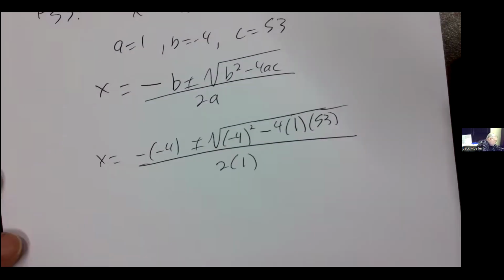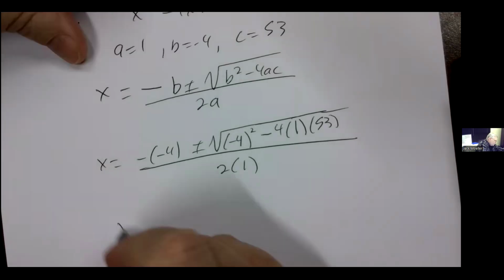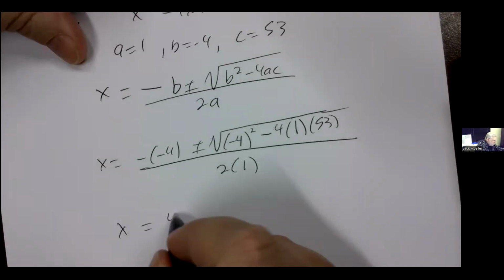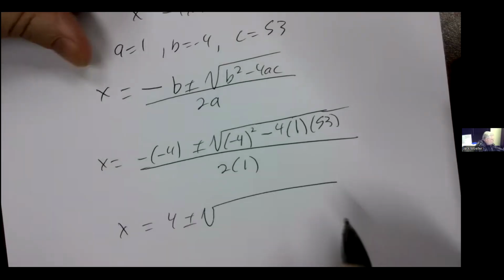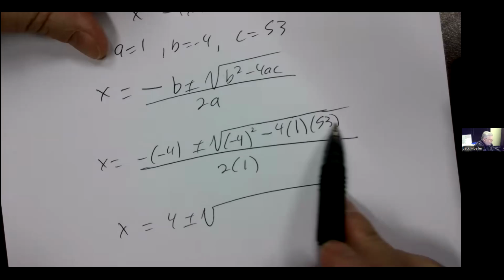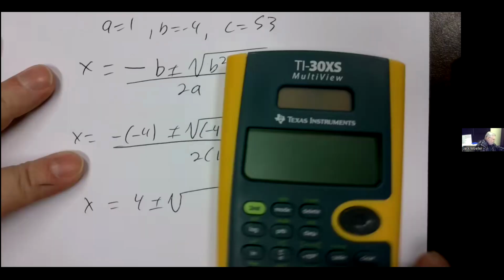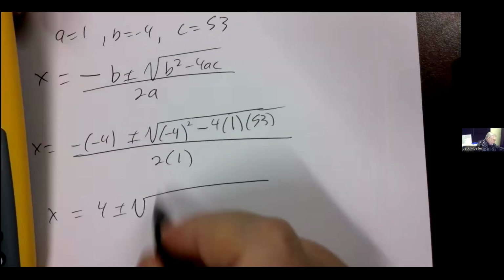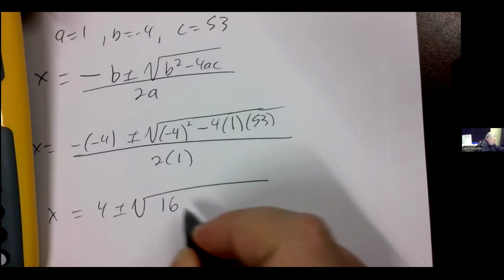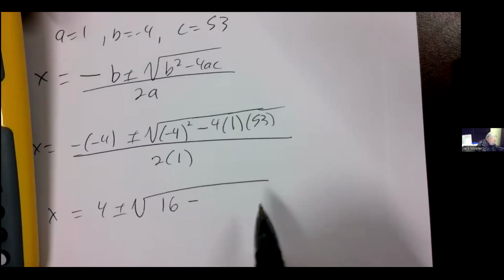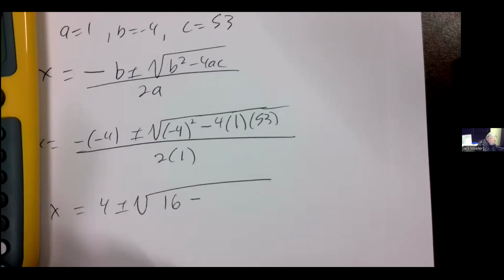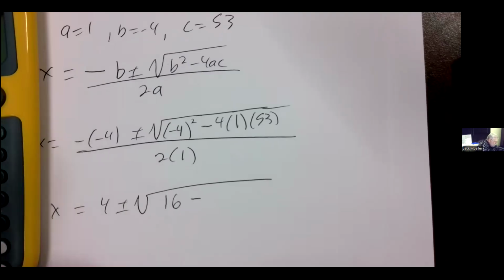Now clean it up. The double negative goes to positive 4. At this point, if you want to do everything inside the radical all at once, I'm okay with that. I still tend to do negative 4 squared, which is positive 16, and then minus 4 times 53, which is minus 212.